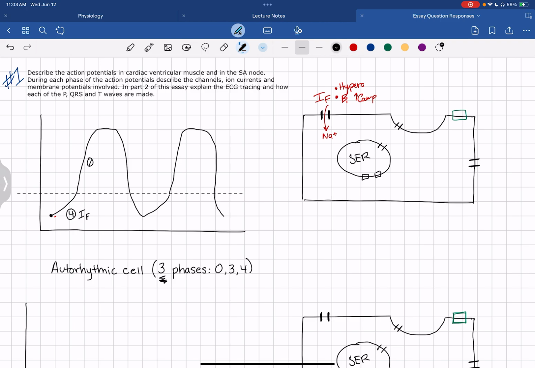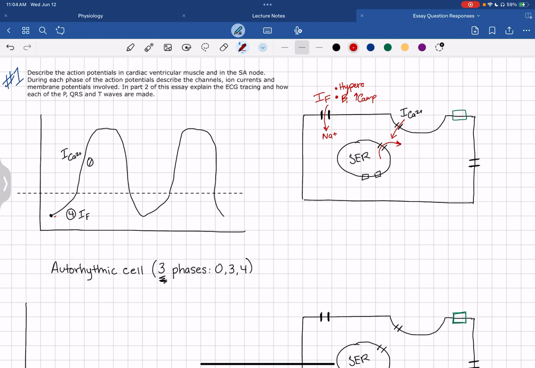In phase 0, we get the opening of calcium channels. And so these calcium channels will open here, I_Ca, or sorry, not I_F, I calcium. And it will release calcium into the cell, which will stimulate calcium to be released from the SER.